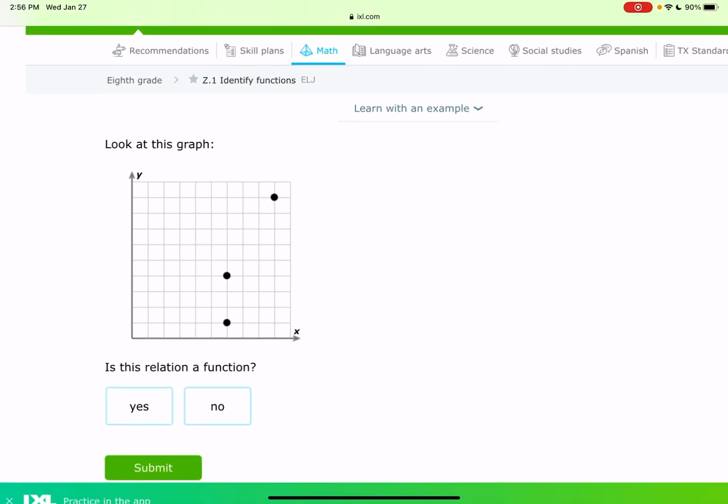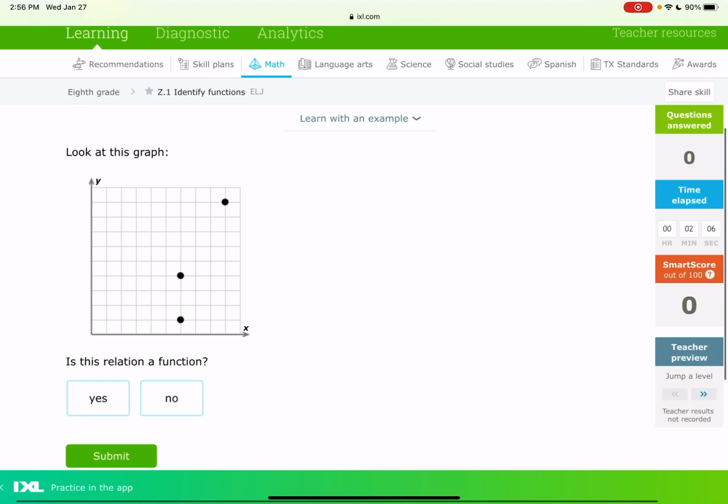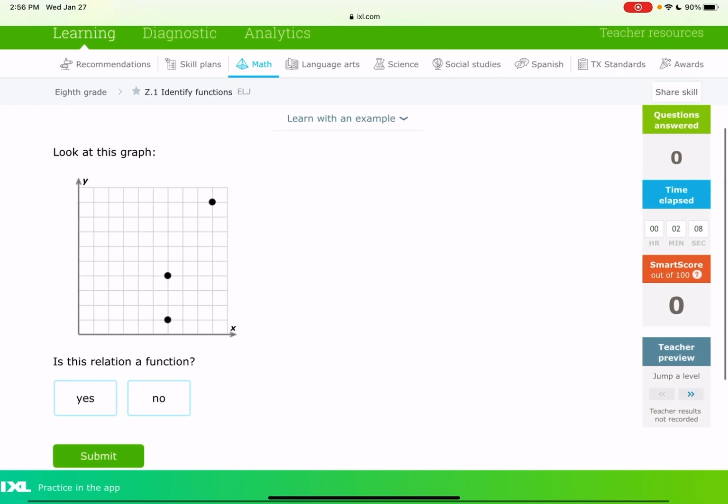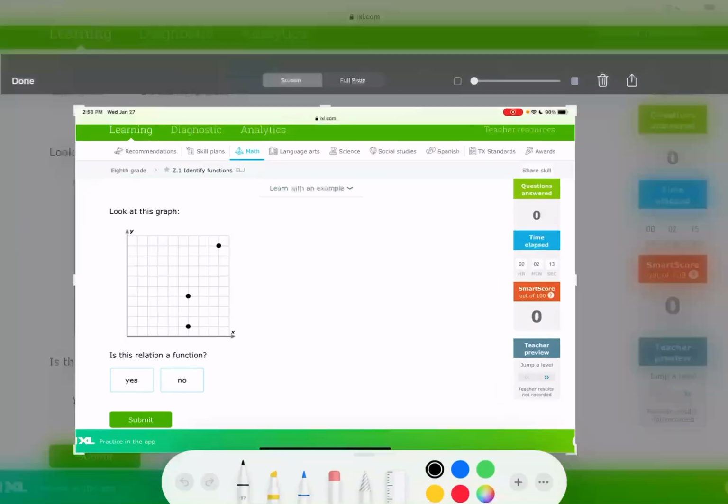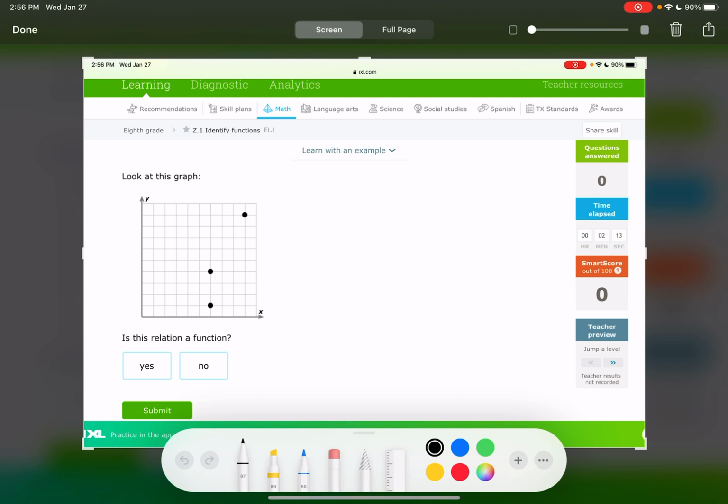So to go over a few of these, I'm going to first just mention something about functions. With a function, you have inputs, which are your x values, and outputs that are your y values.